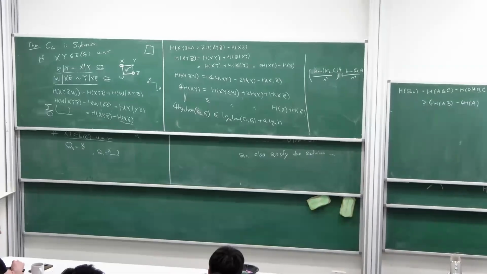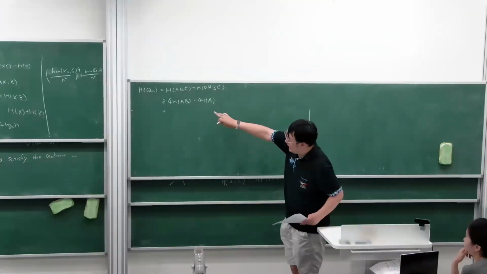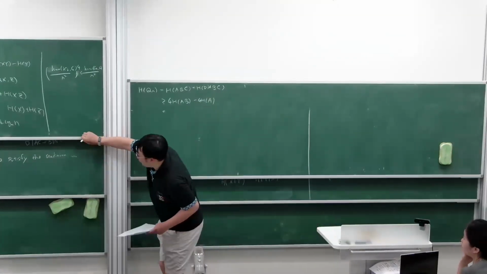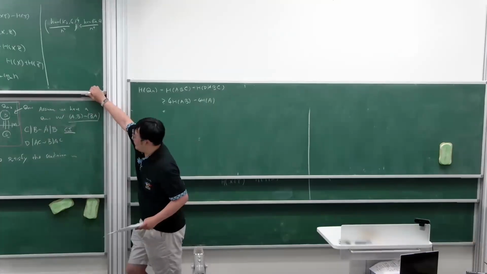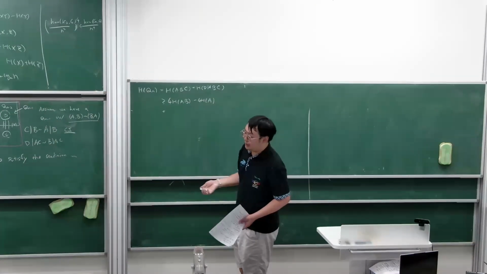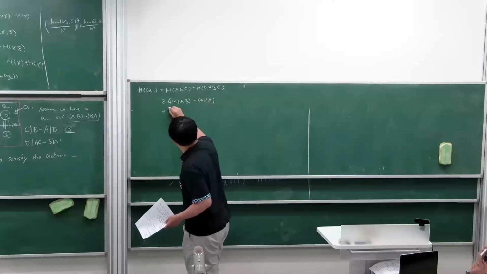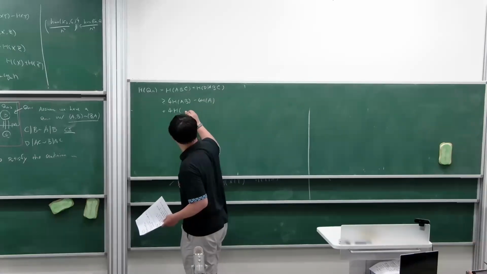Okay, so what does this tell us? What is H of AB? What is the pair AB? It's indeed Qn minus 1. And A itself is a copy of Qn minus 2. So this is indeed, let me write it in this way.